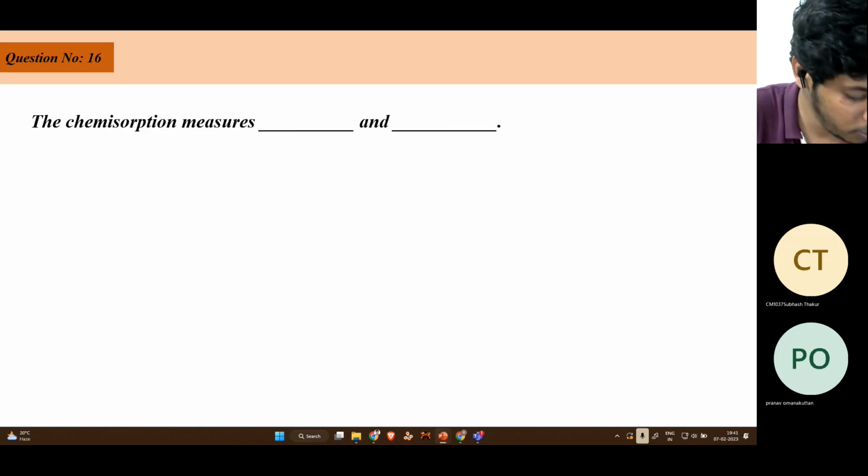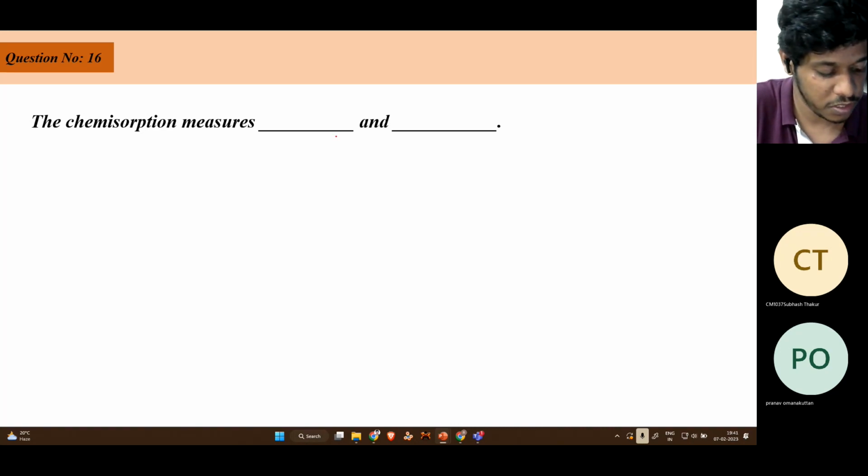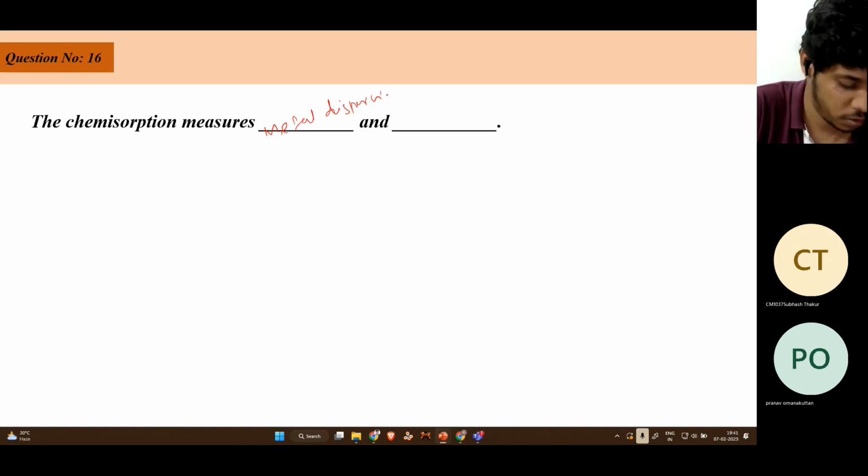Now, the next question is, chemisorption generally measures dash and dash. The first one that chemisorption measures is metal dispersion, and the other one is the active metal area.